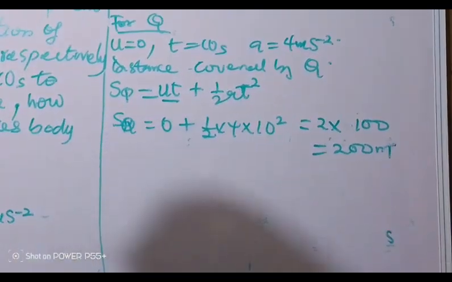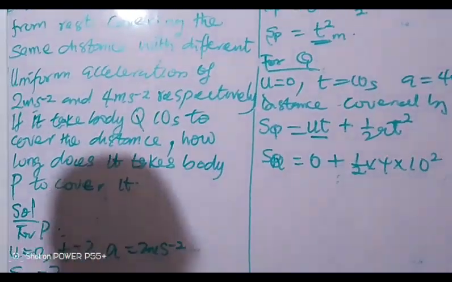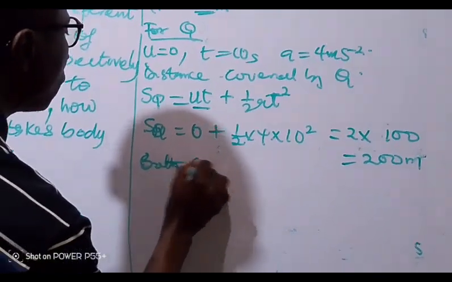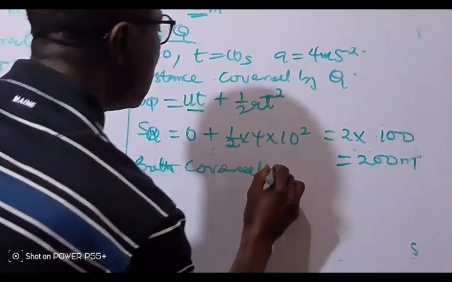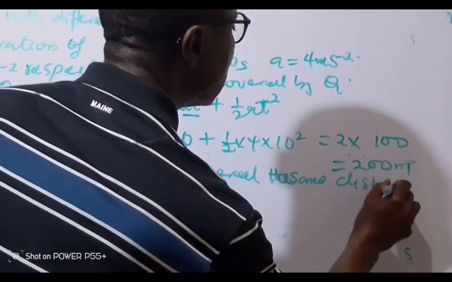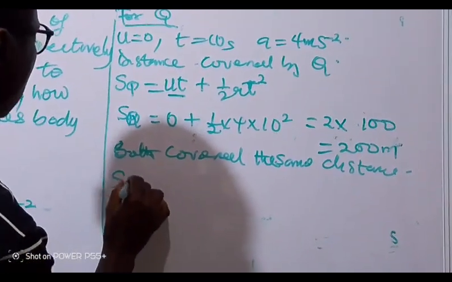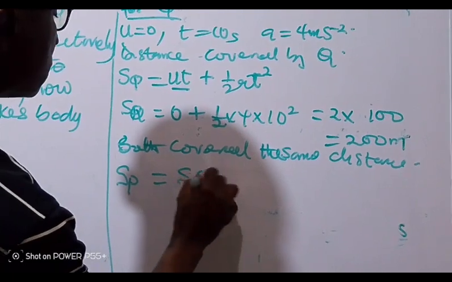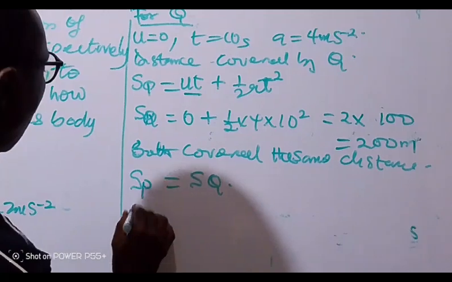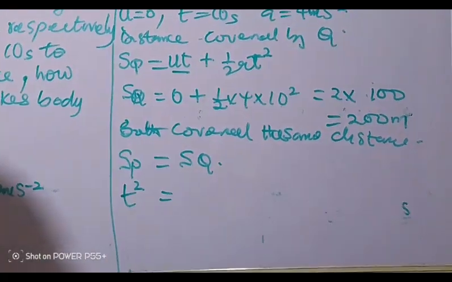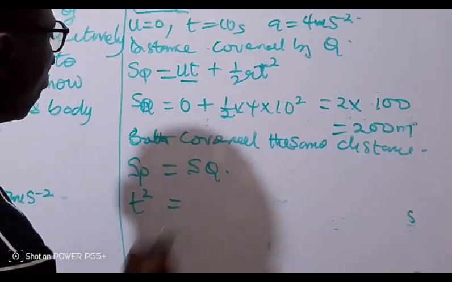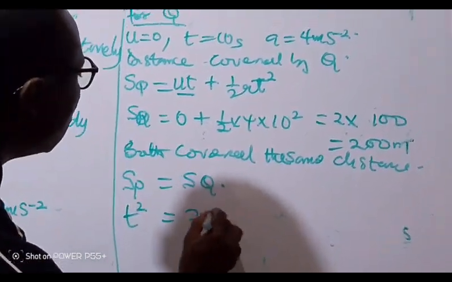Now, according to the question, they cover the same distance. It means both covered the same distance. So it means SP will be equal to SQ. And what we got for SP is t squared. That would be t squared is equal to what we get for SQ, which is 200.